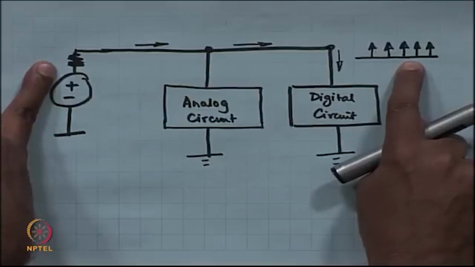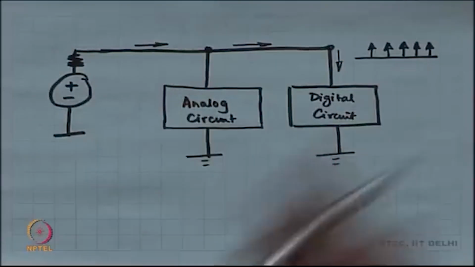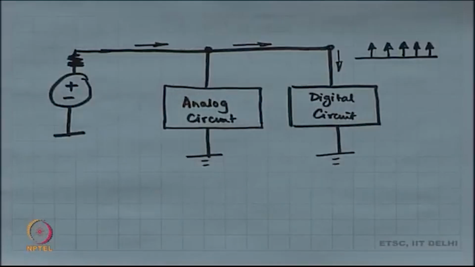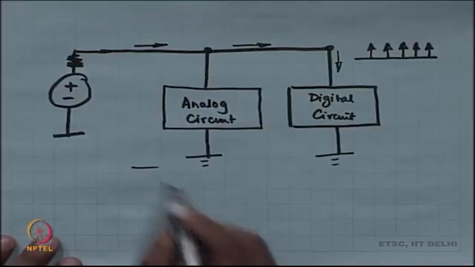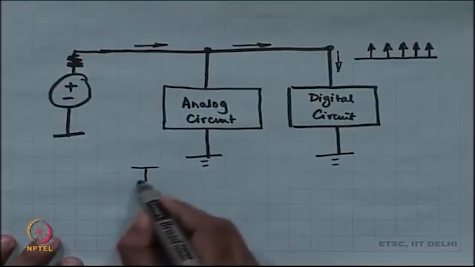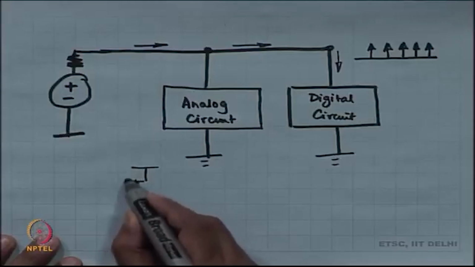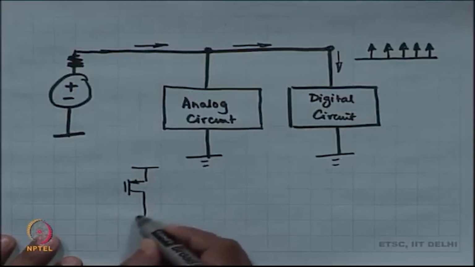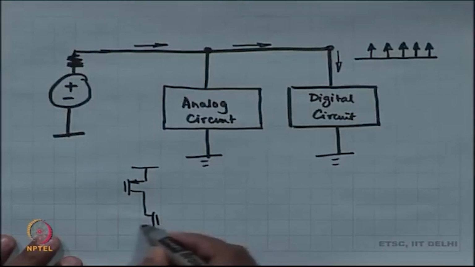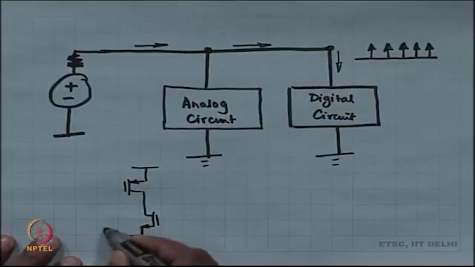All right. And that is going to go to my analog circuit, and the power supply of the analog circuit is itself behaving in this funny way. So, imagine your analog circuit is some differential amplifier.